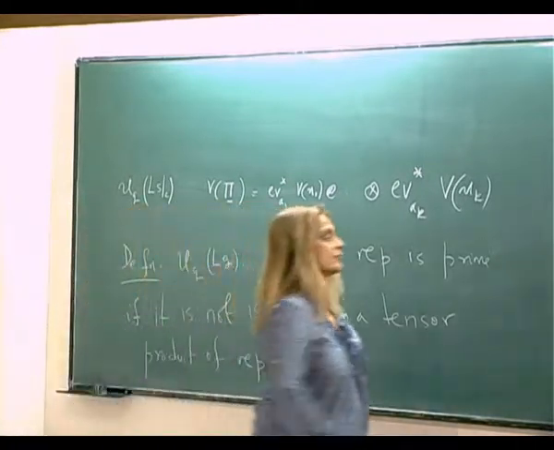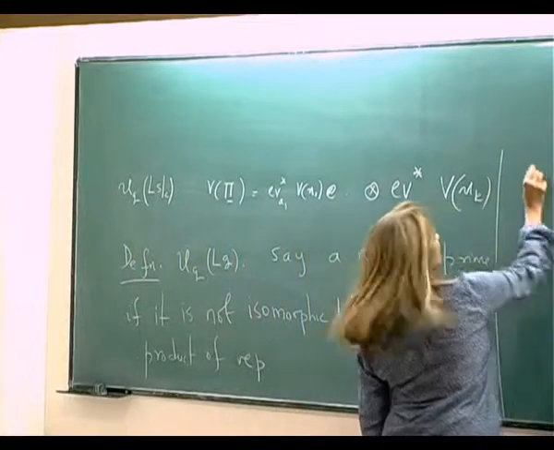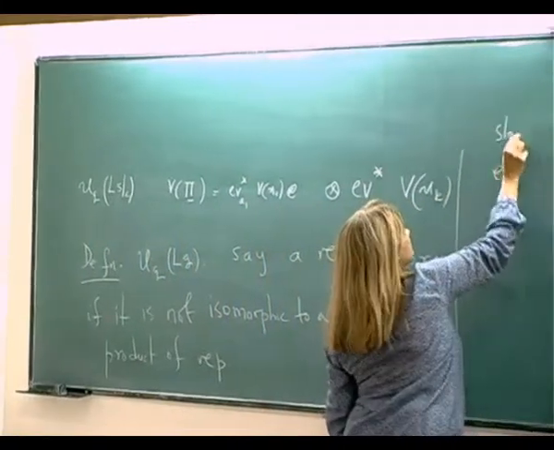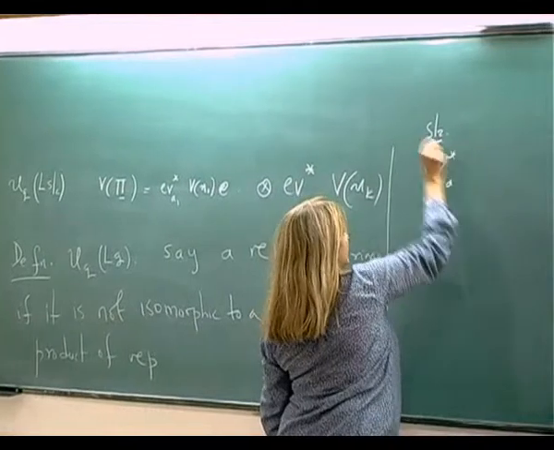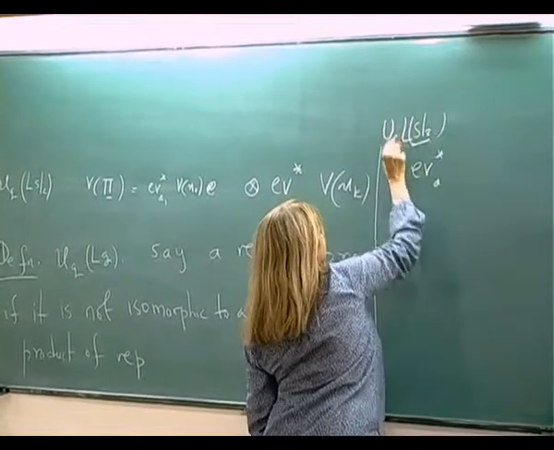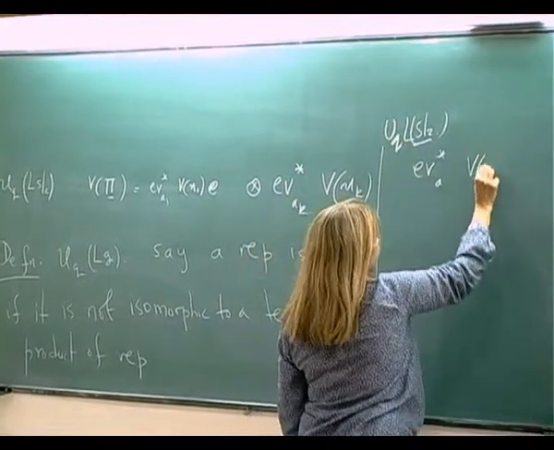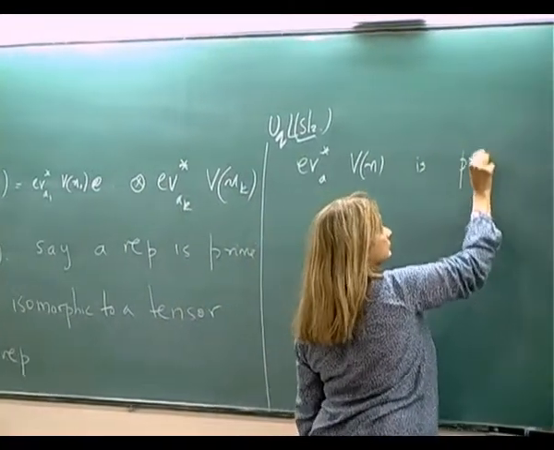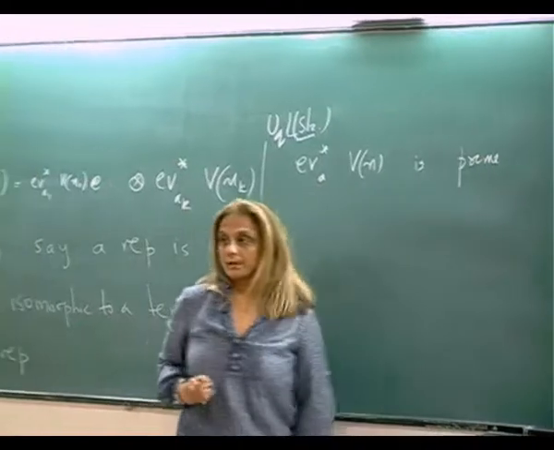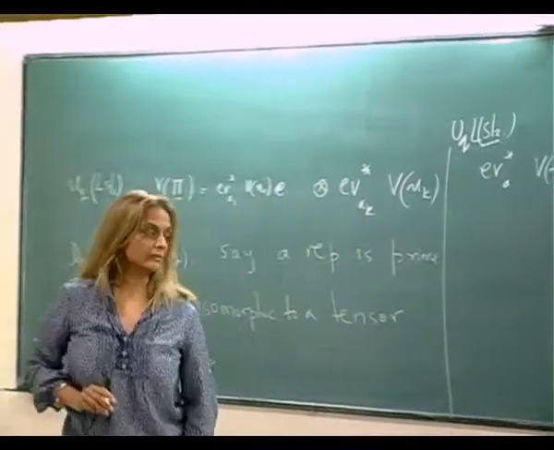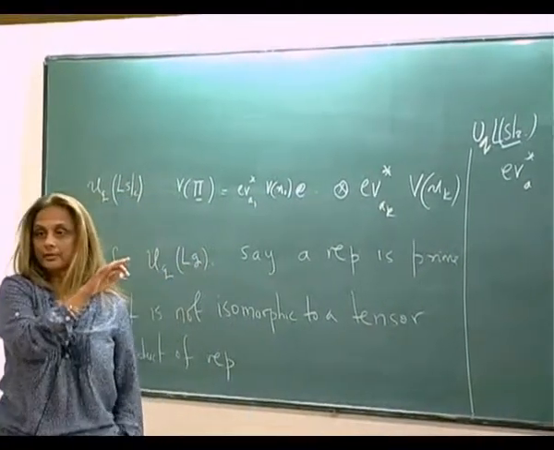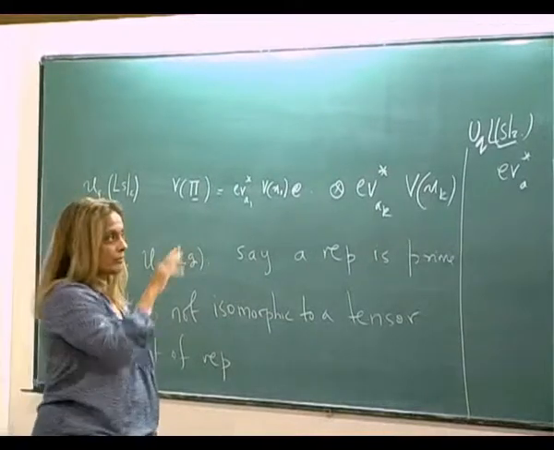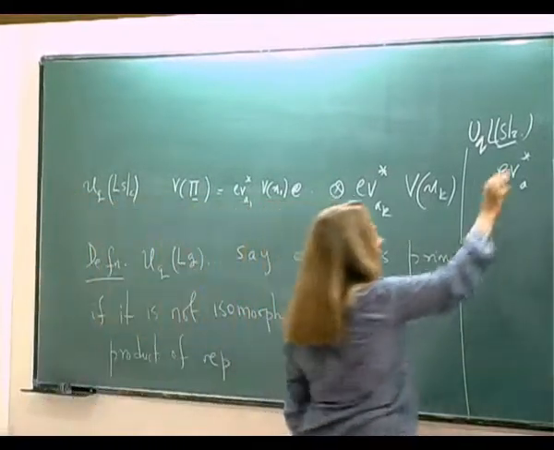So an exercise you should be able to do is that for SL2, these representations of U_q of LSL2, ev star V_n, is prime. I made a comment at the start, when I was reviewing finite dimensional representation theory, which should be enough to tell you why this is a prime representation.